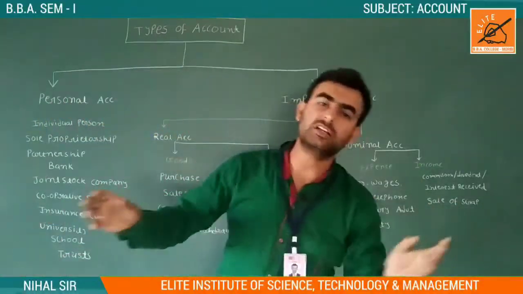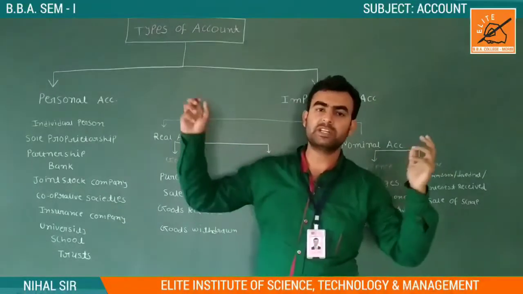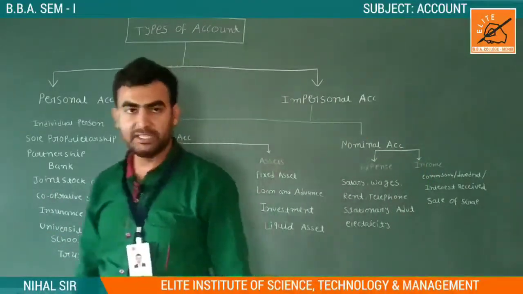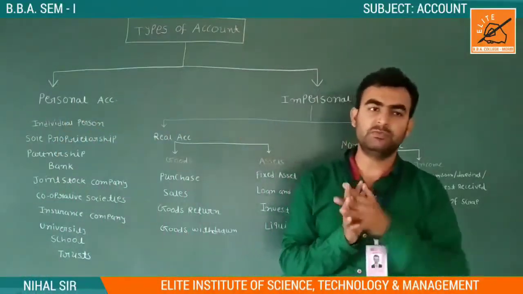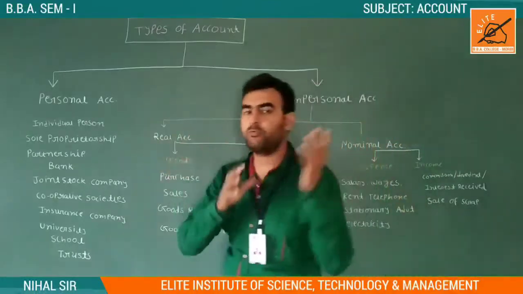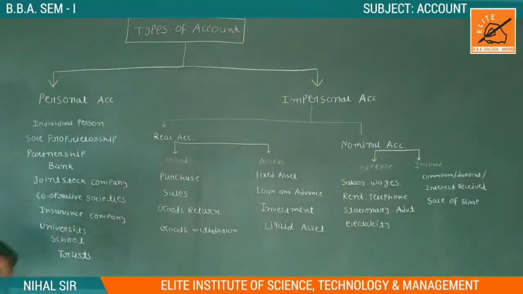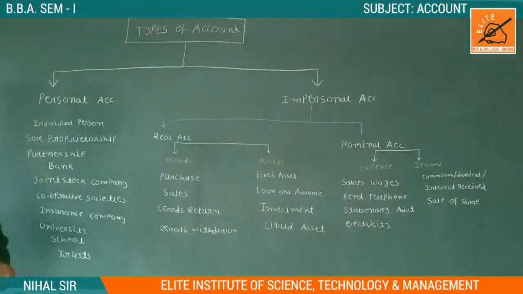These all come into a personal account because a bank is one kind of artificial person. Then joint stock companies, Reliance, Tata: if we sell or purchase a product from them, they are also our personal account. Different kinds of cooperative societies also come into our personal account.